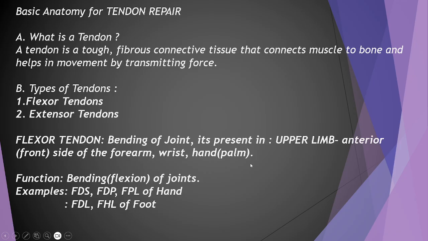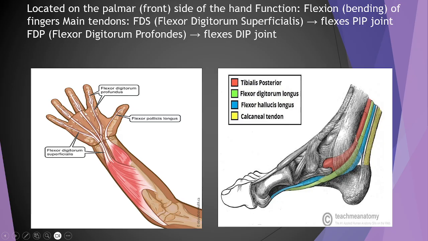It is present in the upper limb, the anterior front side of the forearm, wrist and the hand, and their function is flexion of the joint. For example, in the hand there are FDS, FDP, FPL, and in the foot, FDL and FHL. We'll see here, here's a hand. There are three tendons present in the hand.